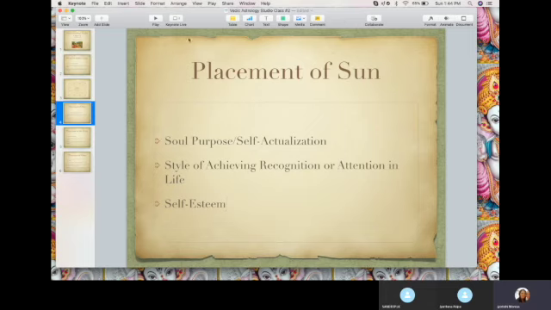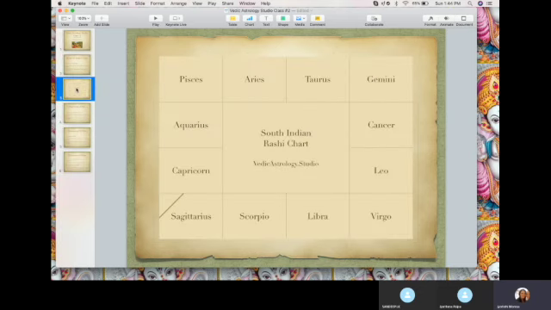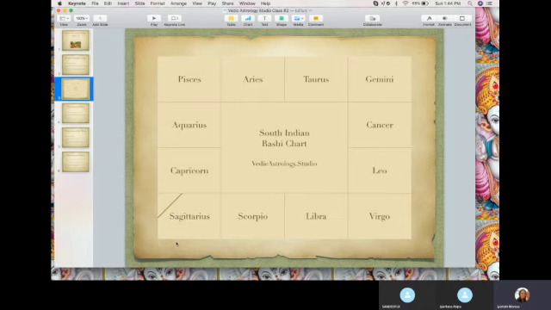Okay, so for example, if the sun is placed in the first house, then the person will very strongly relate to first house qualities. The person wants to express themselves through the first house significations.